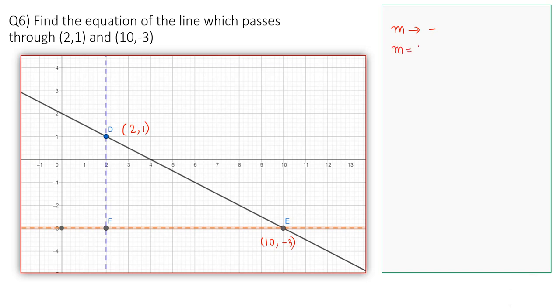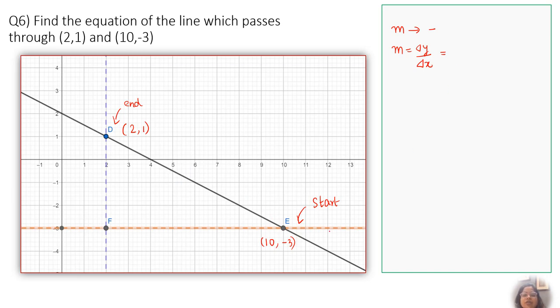So you could go and find out the gradient with a change in y over a change in x, where of course you will have to choose which is your starting point and which is your end point. Suppose we choose E as the starting point and D as the end point. This is something which we cannot change. That sequence will have to remain as is.